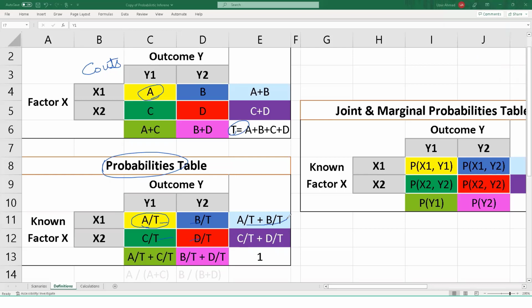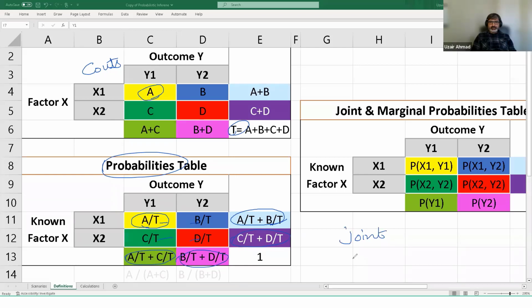Correspondingly, on the margins, we have marginal probabilities. In probabilistic notation, we write it like this: probability of X1, Y1. Right? Joint probability. The marginal probability we will write like this: probability of Y1, probability of Y2, etc.